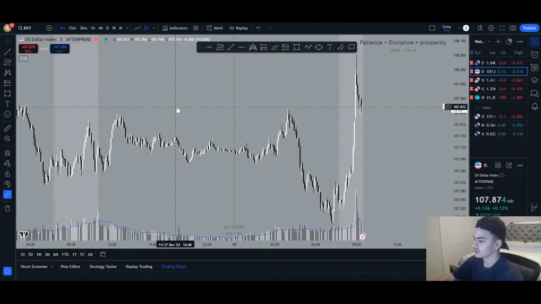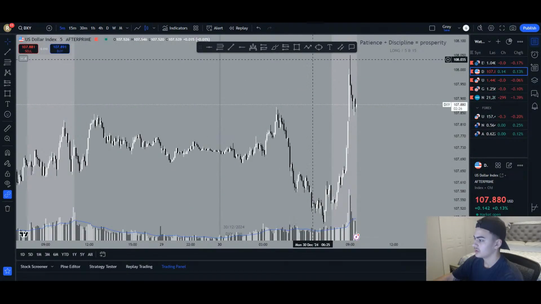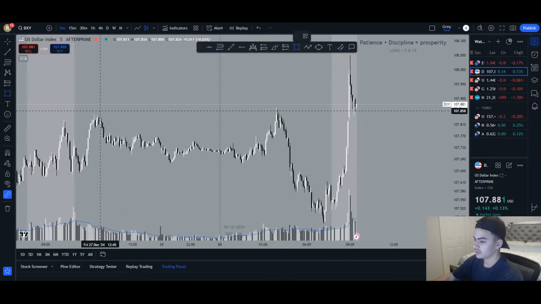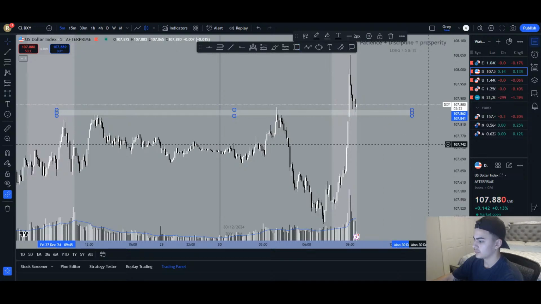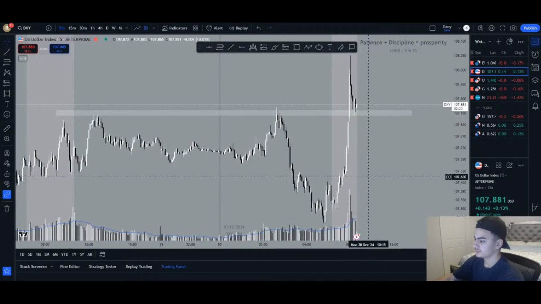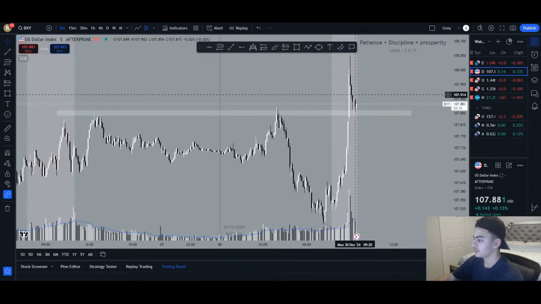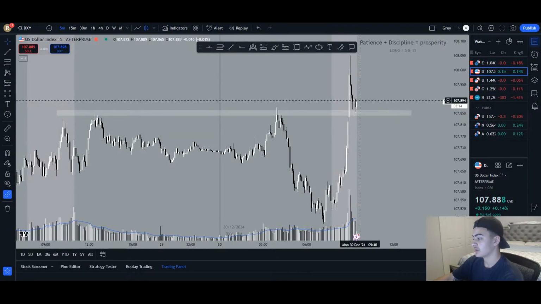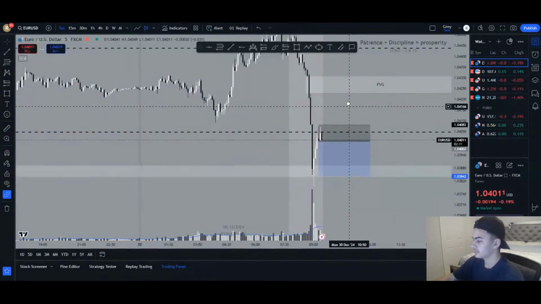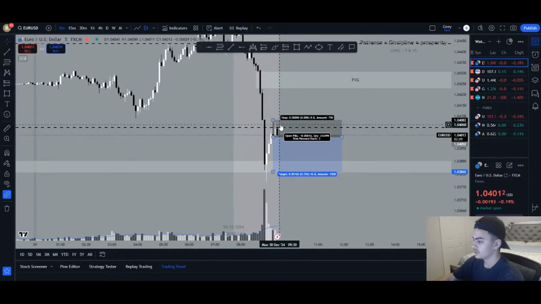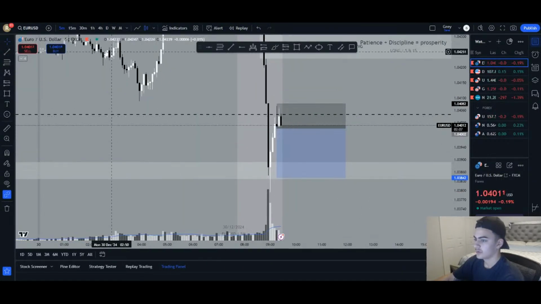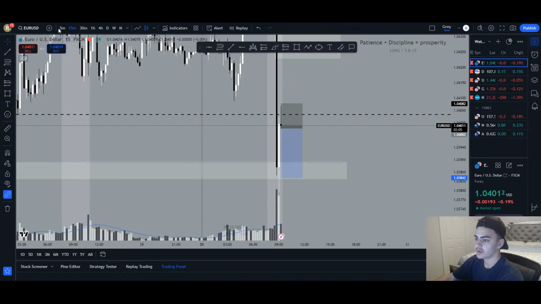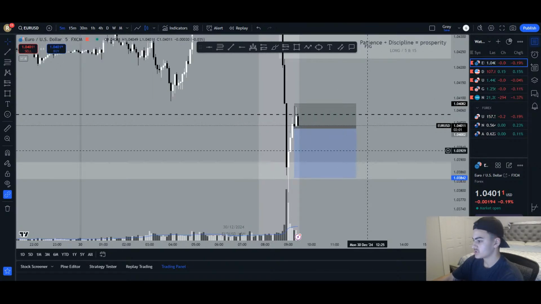Look at this also. Oh yeah, look at this. Look at this area. Touch this, bounced up. Touch this, it's bouncing up right now. 15 minute close bearish. Well, it didn't close bearish, but it's bearish right now, which is a good sign for me.